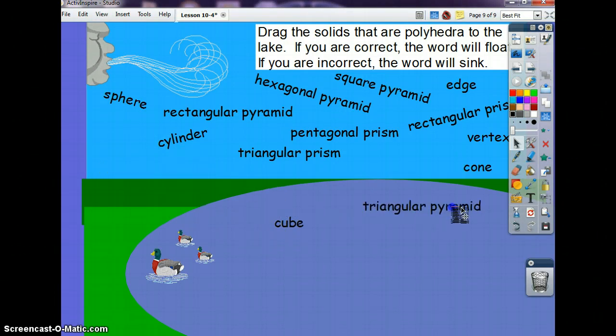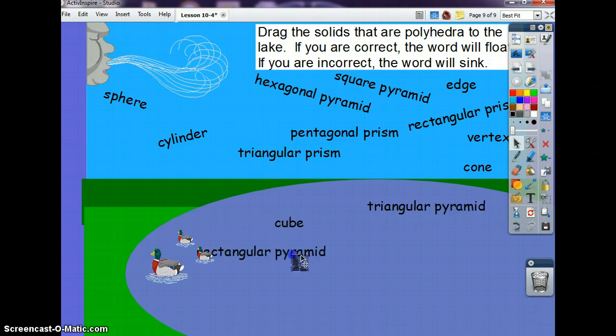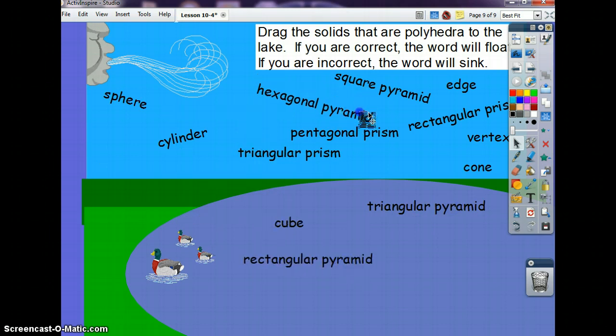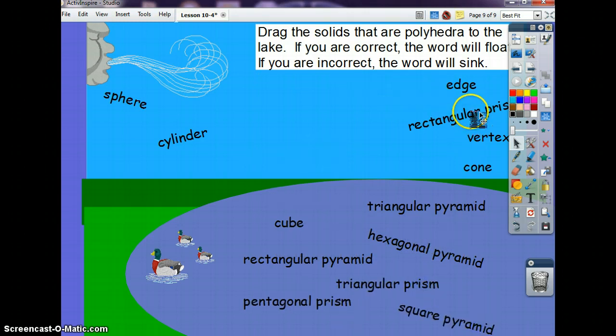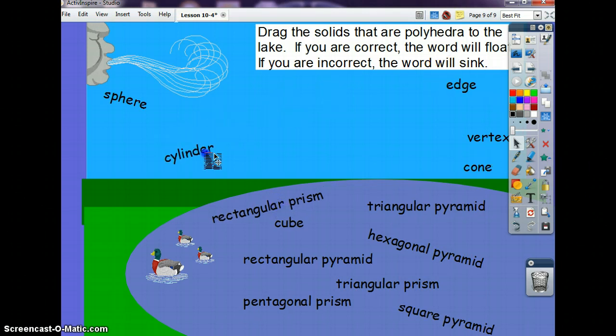A triangular pyramid. And let me go ahead and grab these other ones that I think are. Pyramids and prisms are polyhedra. And the rest of these words are not. Just to prove that, I could try to drag one of them to the lake and oh no, it sinks. So it is not a polyhedra.